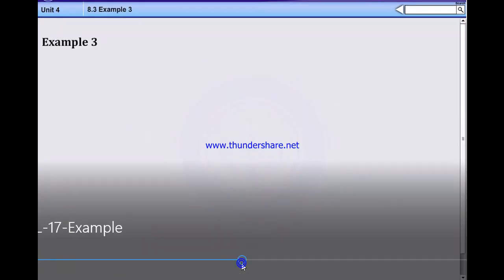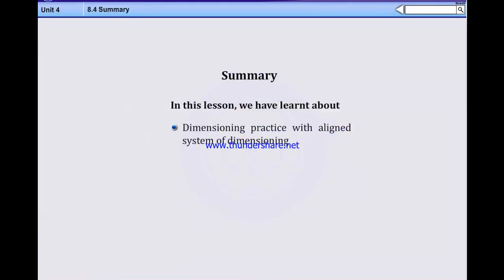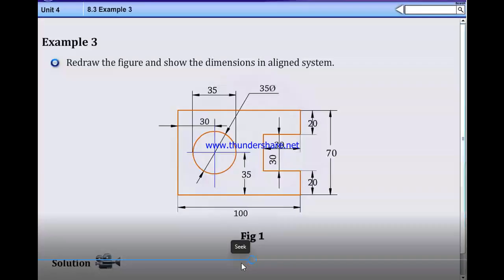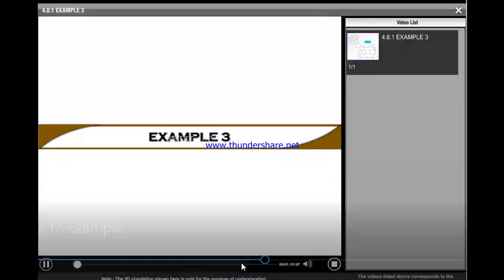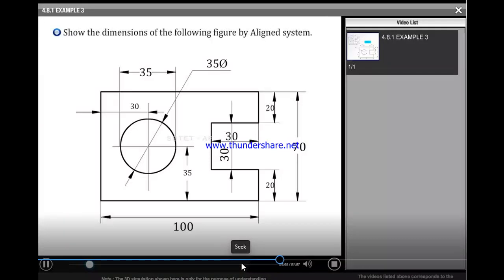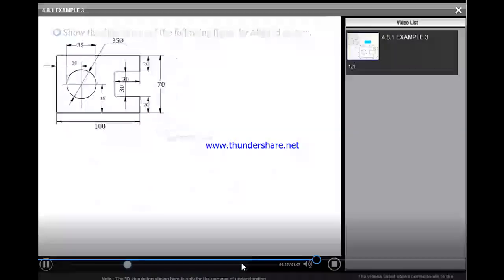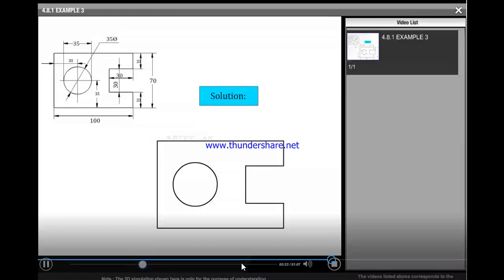Now once again we will discuss example 3. Problem 3: in this, a view with a raw representation of dimensions is available. The task is to redraw the view and neatly represent the dimensions as per the aligned system. The dimensions are to be written neatly as per the rules.